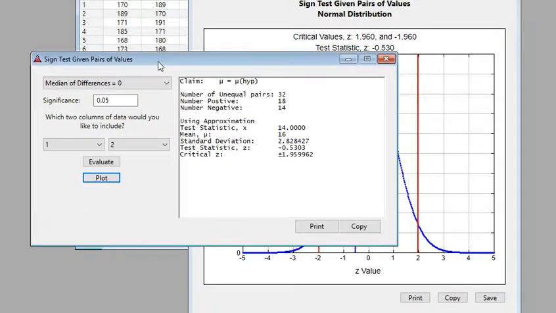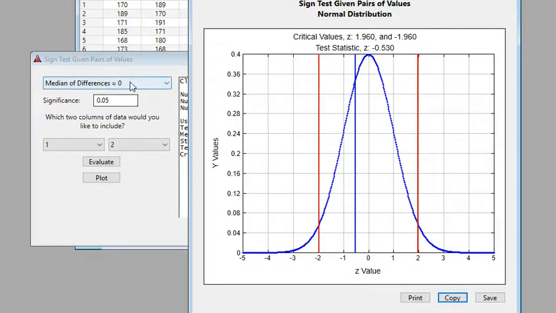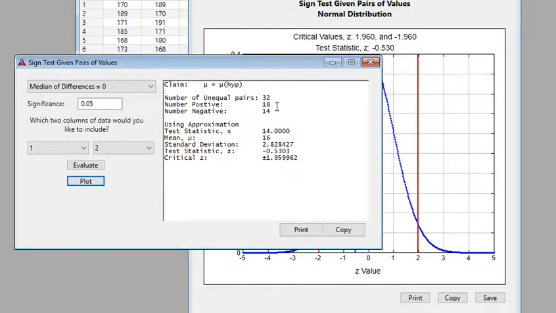So what's happening here is that if things were nice and perfect, then out of 32 pairs of data, you would expect to be above the median, that is positive, 16 times and negative 16 times. Our results are a little bit different, 18 and 14. Is 18 too far away from what you expected to be surprising?